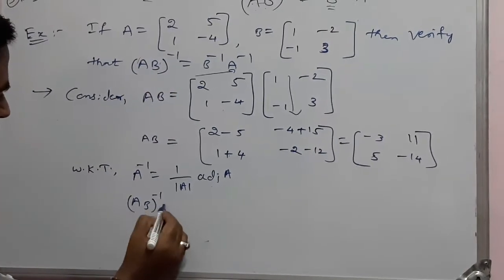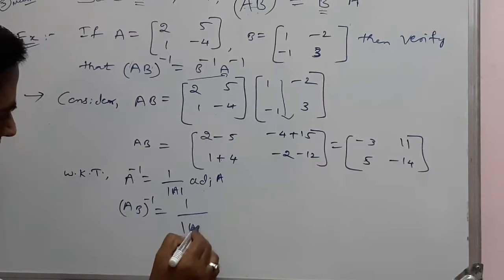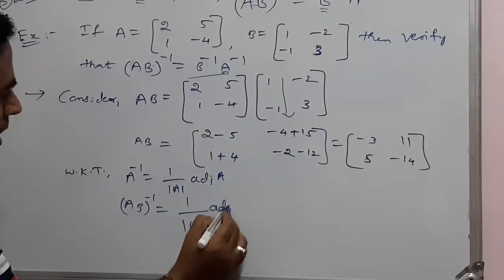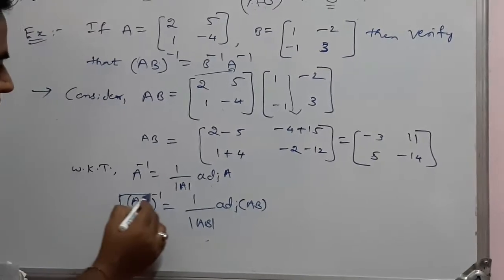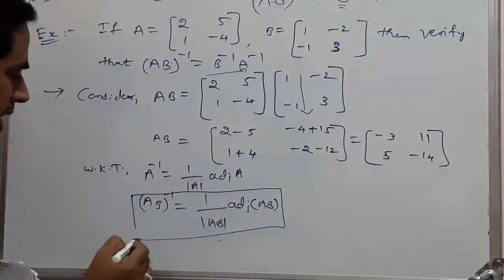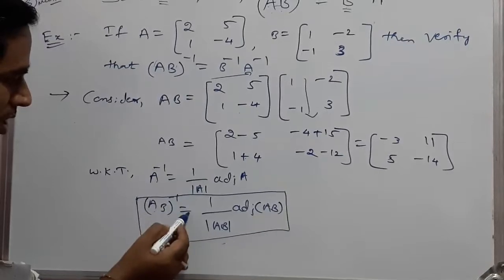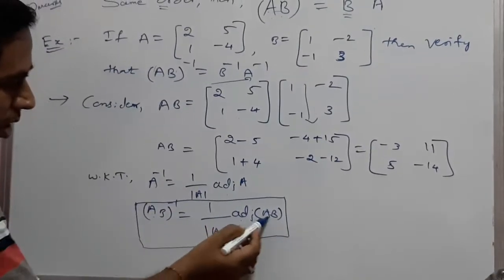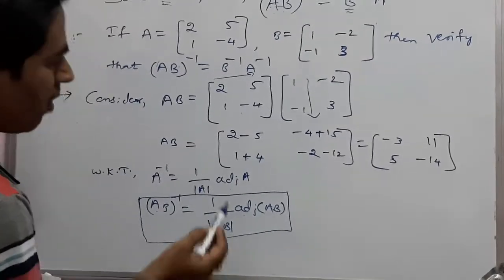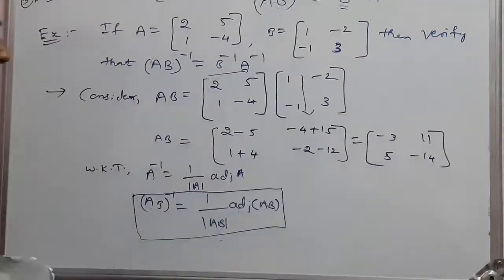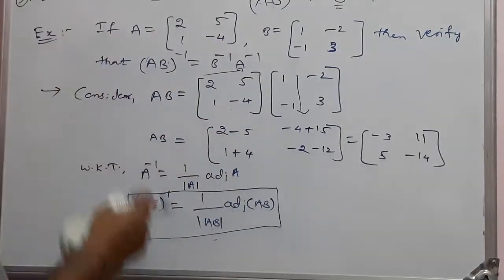So (AB) inverse is equal to 1 by determinant of AB into adjoint of AB. So I have to find out the value of the determinant of AB.